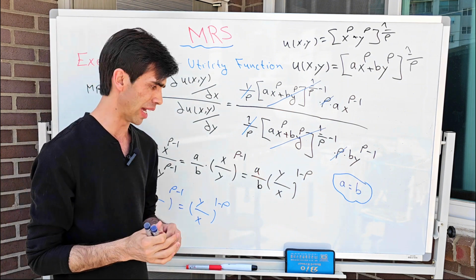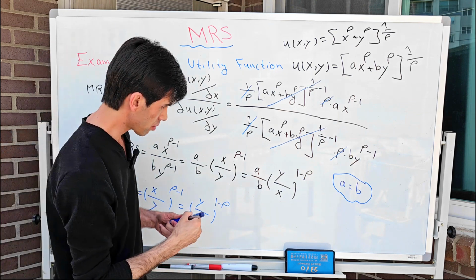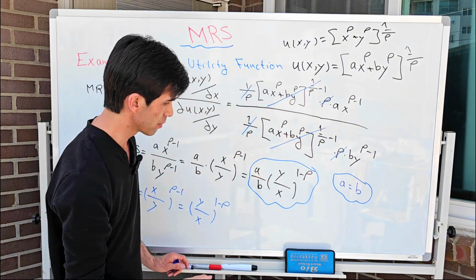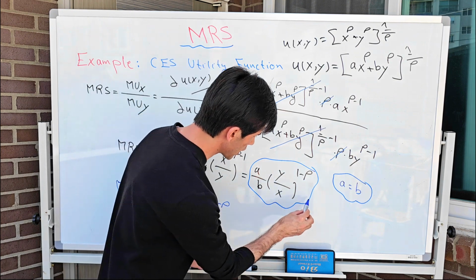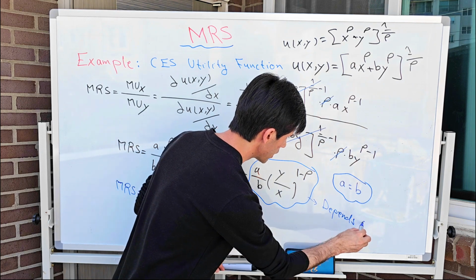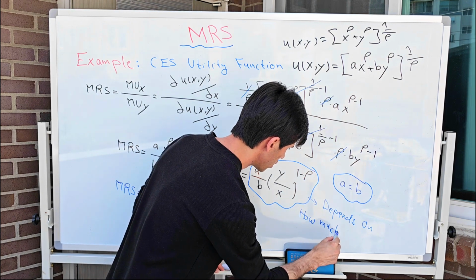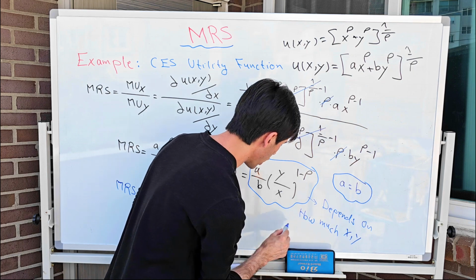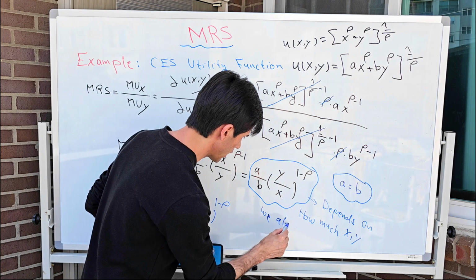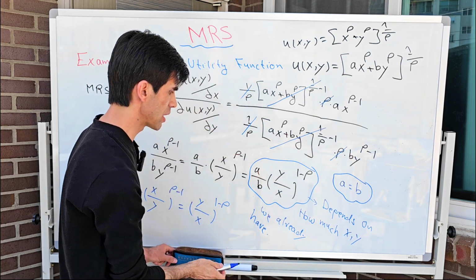One thing you should remember is that, looking at the solution, you see that this marginal rate of substitution depends on how much X and Y we already have.